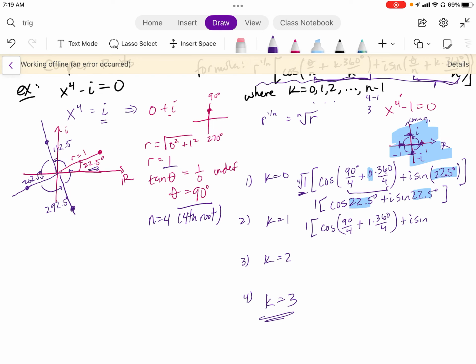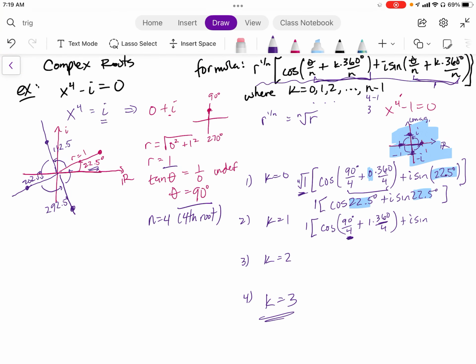Well, notice that was our original 22.5 right here, plus 360 over 4, which is 90. And that's exactly what we did in the drawing over there. So 22.5 plus 90 is 112.5 degrees. So our second solution is cosine 112.5 degrees plus i sine 112.5 degrees.